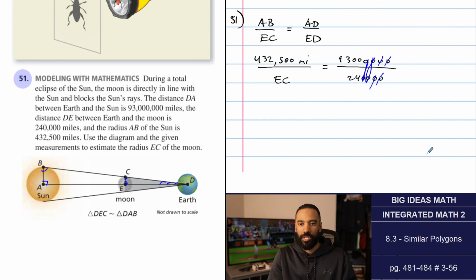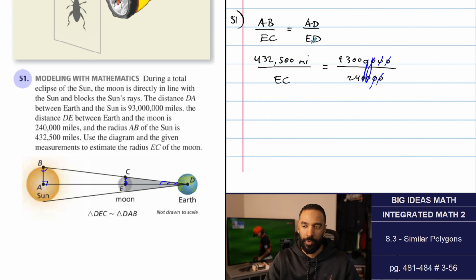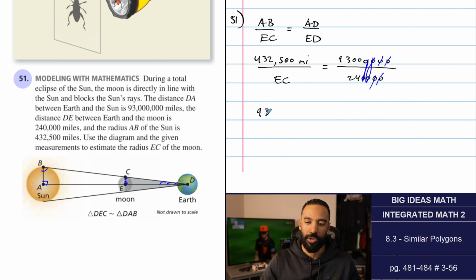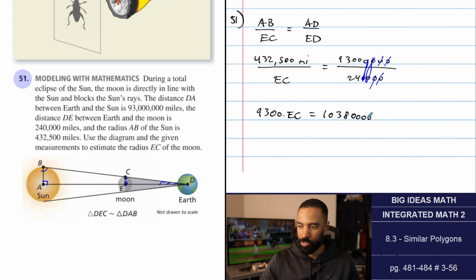So let's do 24 times 432,500. Honestly, I'm going to do this all on my calculator. Well, I have to write this out so you know what I'm calculating here. 9,300 times EC is 10,380,000, and then divide both sides by 9,300. And you can look up this stuff online.